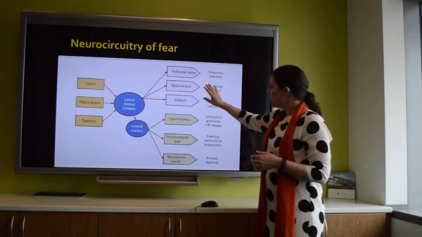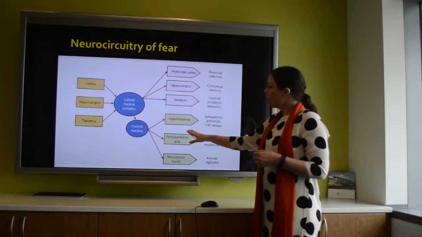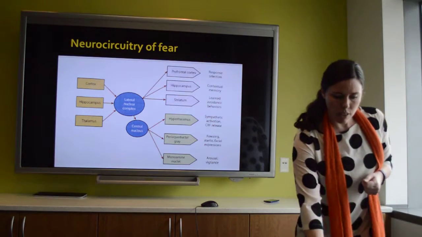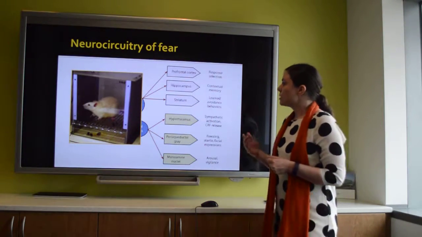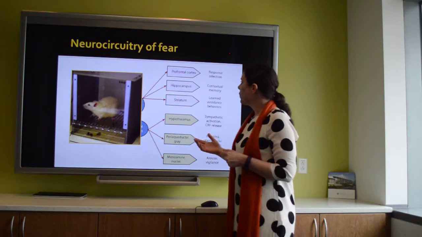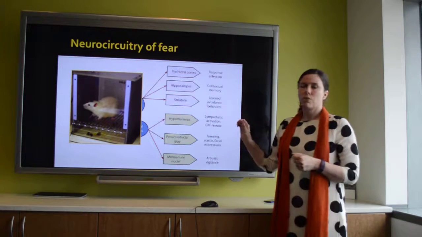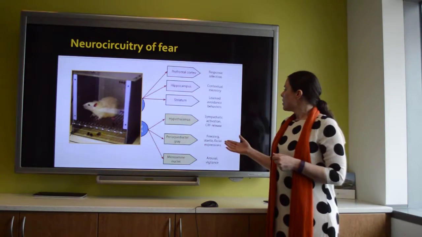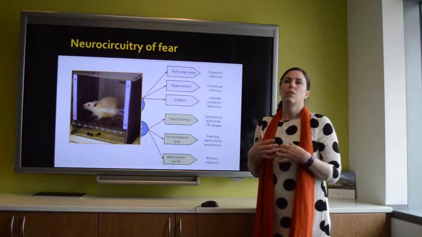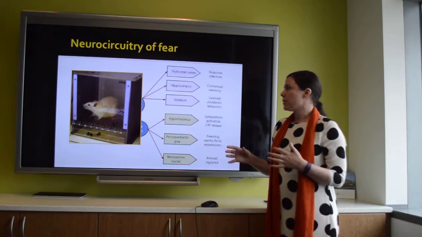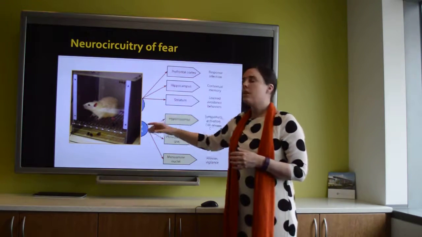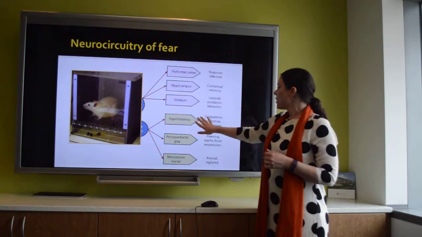We also have a number of regions here downstream of the amygdala. If we use the conditioned fear response as an example, and we lesion the periaqueductal gray, which I told you is responsible for freezing, then the animal would no longer show that aspect of the fear response, so it would be freely moving around. However, it would still have a cardiovascular response.